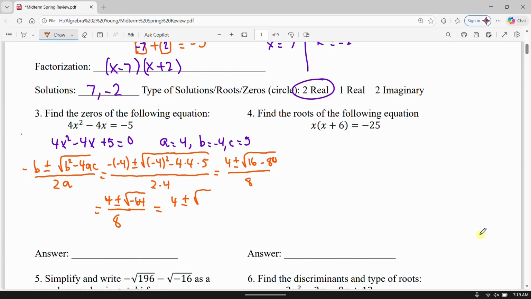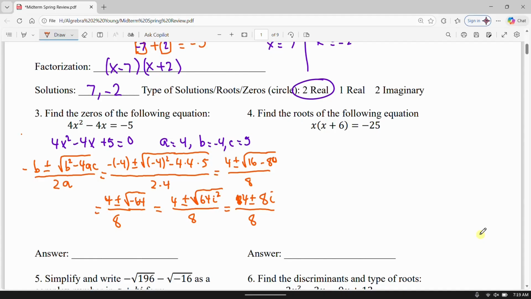Let me do it slowly: it'll be 64 times i squared, replacing negative 1 with i squared. Then 8 on the bottom, and plus or minus 8i.